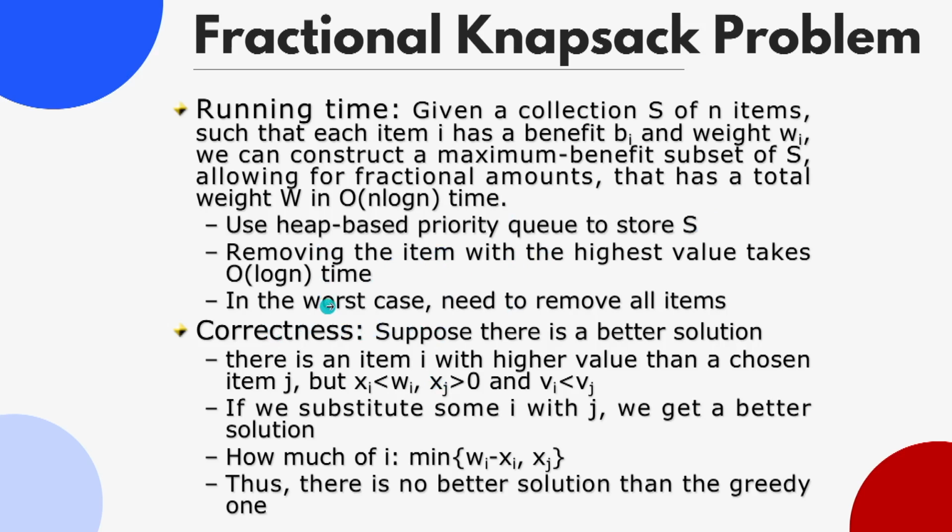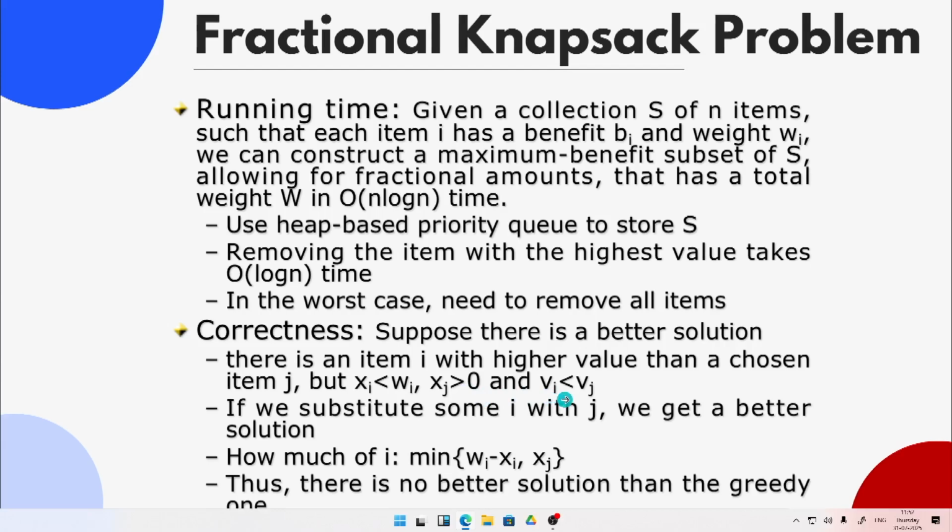In order to verify the correctness of this algorithm, let us assume that there is a better solution. There is an item i with a higher value than the chosen item j, but item i's amount xi is less than wi, and xj is greater than 0, and the value of item i is less than the value of item j. If we substitute some of i with j, then we are getting a better solution.